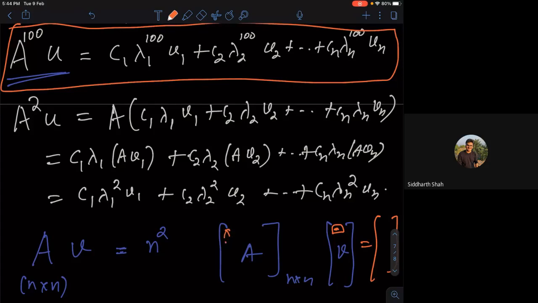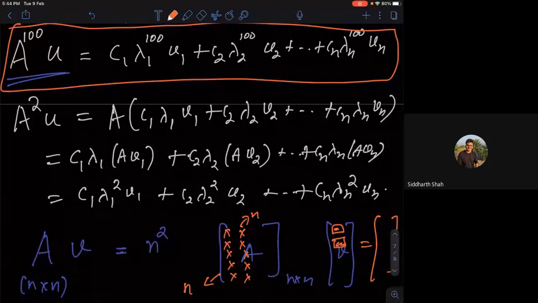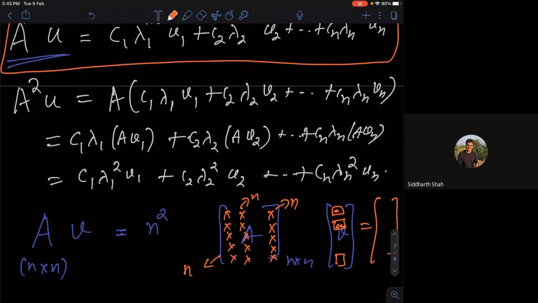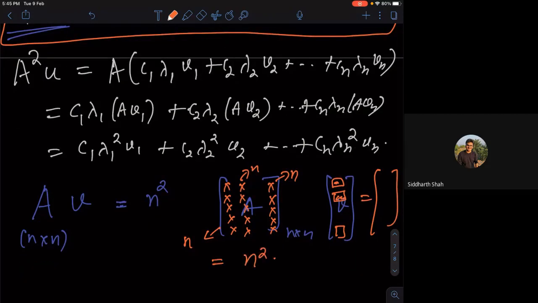This number is going to multiply with all these guys here, which is n. What about this number? This is going to get multiplied with all the numbers in the second column. So this is another n multiplication. And finally, the last row element here is going to get multiplied with all the elements in the last column. So another n. So this gives me n square multiplications.